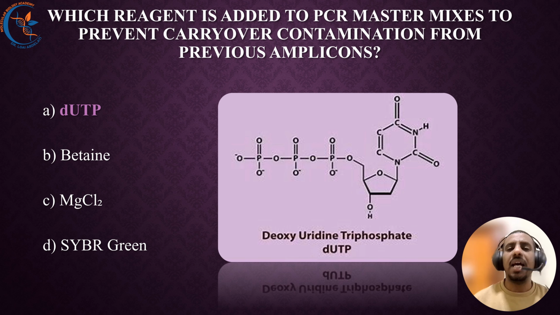This nucleotide allows uracil to be incorporated into amplicons. In a later reaction, an enzyme called uracil-N-glycosylase recognizes and degrades these uracil-containing amplicons. This process prevents the unwanted reamplification of carryover DNA, ensuring cleaner and more specific results. All right, let's move on.